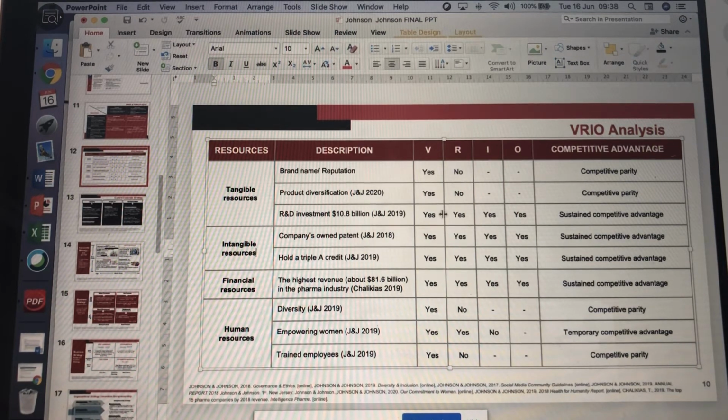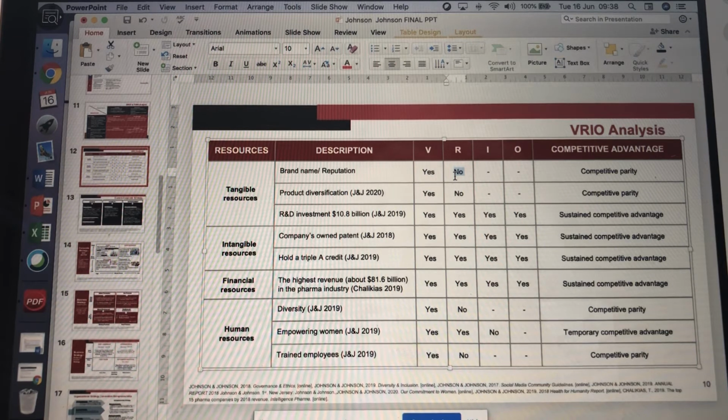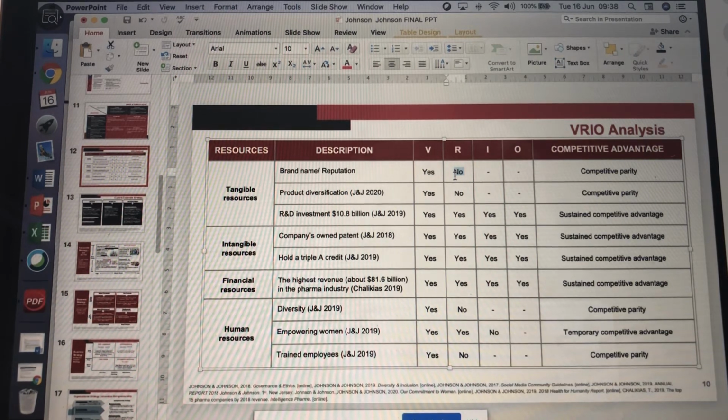For each of these, you need to analyze: is it valuable? Why is it valuable? What's the value for the clients? What's the value for the business? Is it rare? Who else has that? Are you the only one, or do maybe only 10% of players in the market have it?